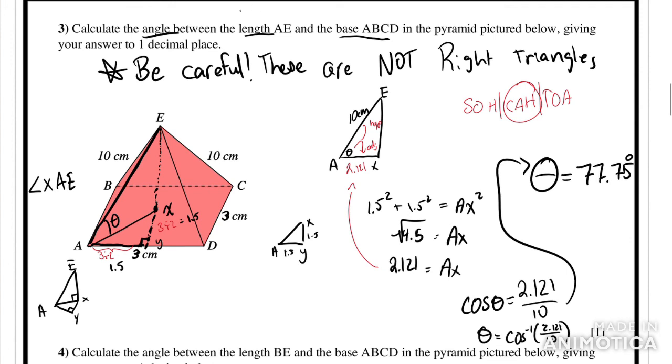Just so you're aware, if I had calculated just using this outer face, I would have gotten a different angle. So if I picked A, E, and then I'll use the same point Y, this would be 1.5, this would be 10, and this is my theta. I would get a value for theta of around 81 degrees.